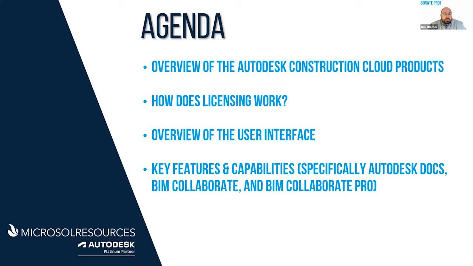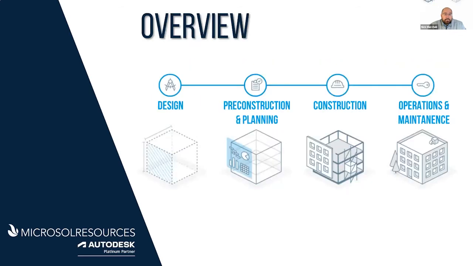And then I'll show and discuss some of the key tools and features of Autodesk Docs, Autodesk BIM Collaborate, and Autodesk BIM Collaborate Pro, which are the 3 main products for designers. All of this ultimately, and certainly hopefully, will show you how you can start to collaborate better using the tools provided by the Autodesk Construction Cloud.